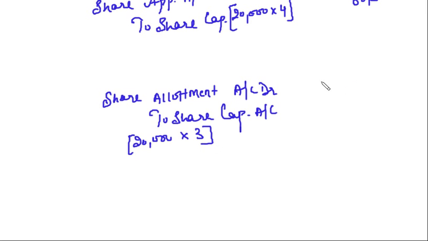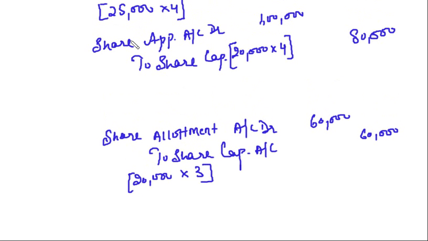So what is the allotment money? 60,000. Now I received excess application money to the extent of 20,000. Now I have to receive 60,000 from you. What I do is I adjust the excess application money received towards allotment. How do I do this? I'll say to share allotment account, how much? 20,000.